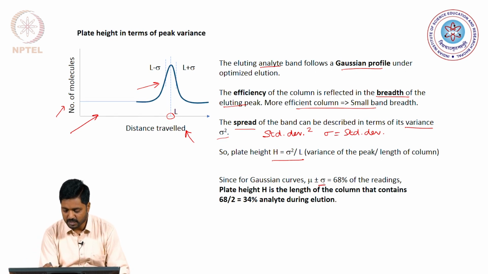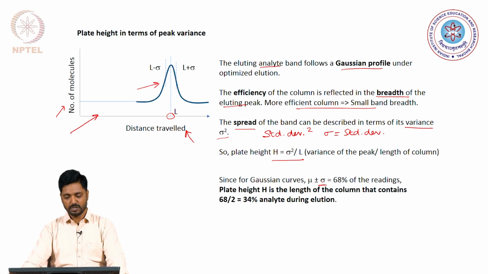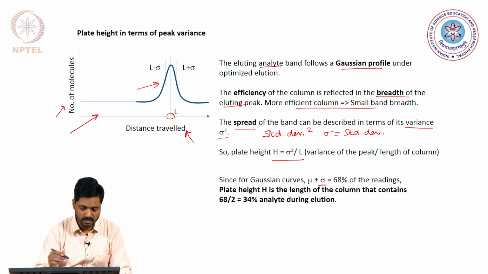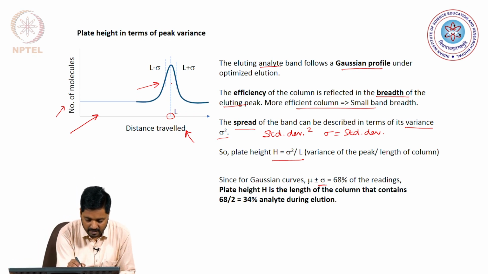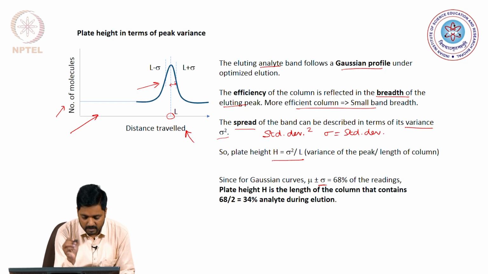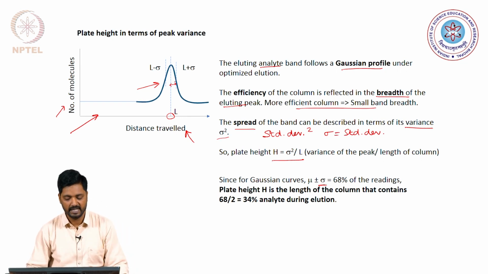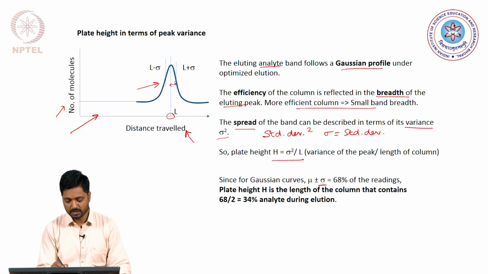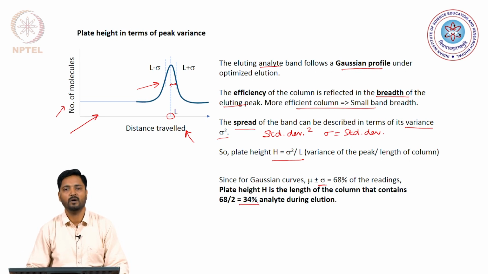Now, we also understood in our previous classes that moving plus or minus 1 standard deviation from the mean value implies that 68% of the readings are covered in the Gaussian error profile. So, the plate height is now described by this distance which has been highlighted, which covers 34% of the analyte during elution.